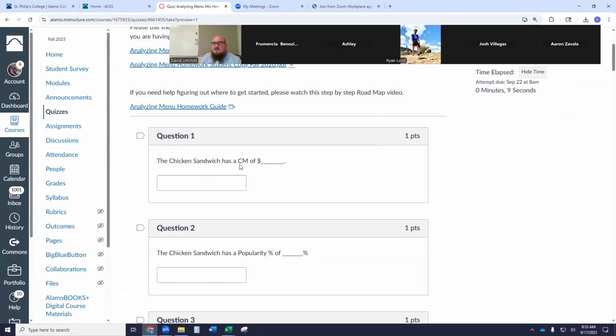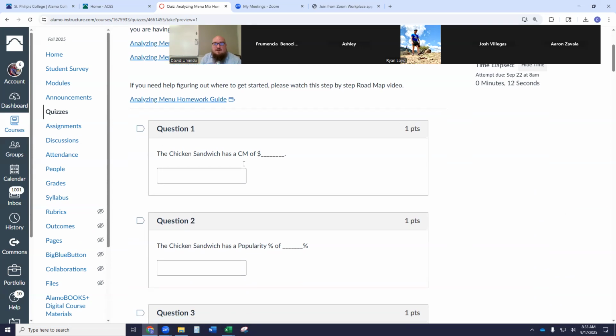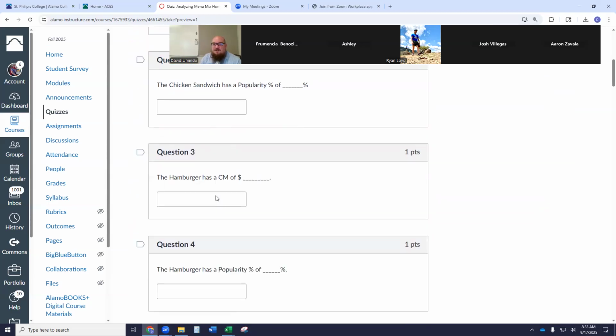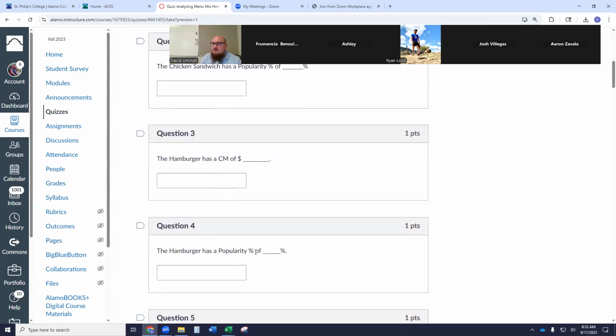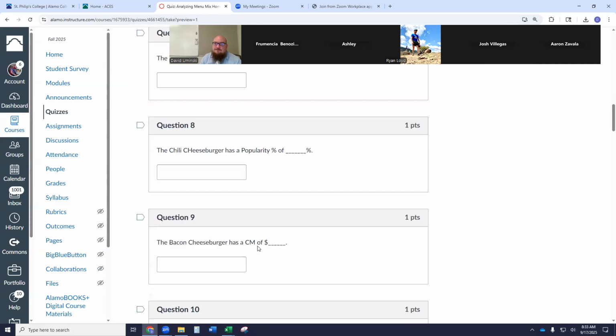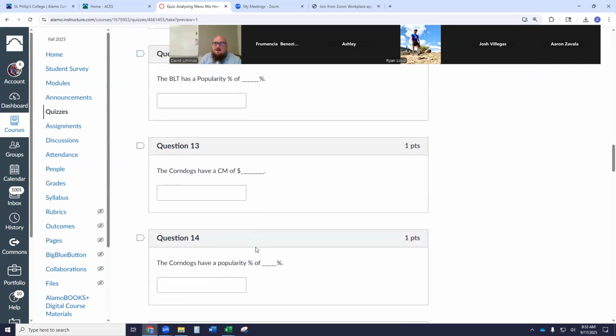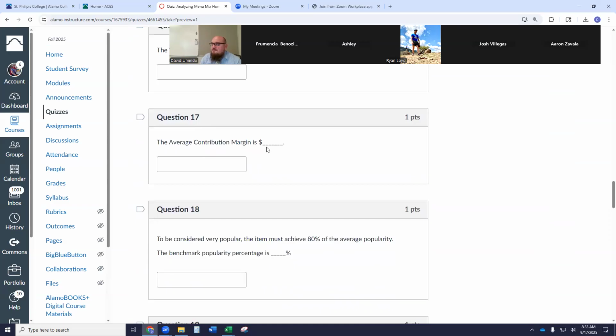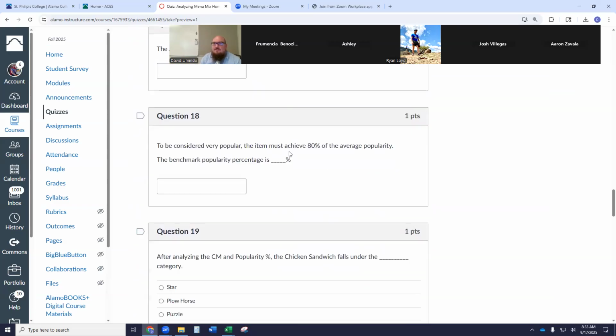So the chicken sandwich has a contribution margin of this, and a popularity of that. You're going to type in that information for each item, contribution margin and popularity. Then you come down to the bottom, and we have the average contribution margin, and in this case, we're looking at 80% of the average popularity. So you'll figure out what that benchmark is.